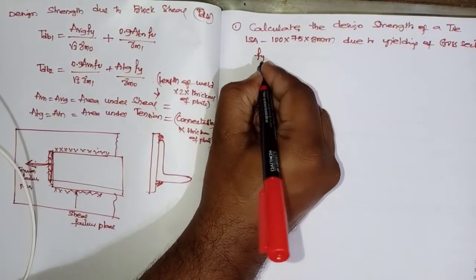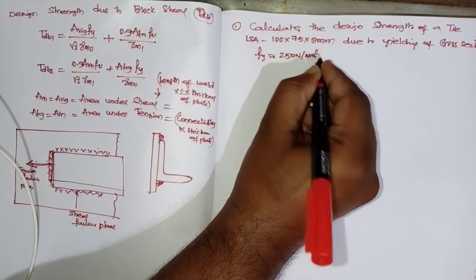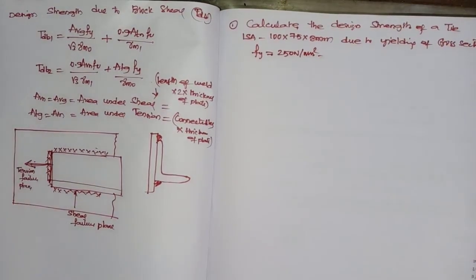Take Fy equals 250 Newton per mm square. This is the question given.